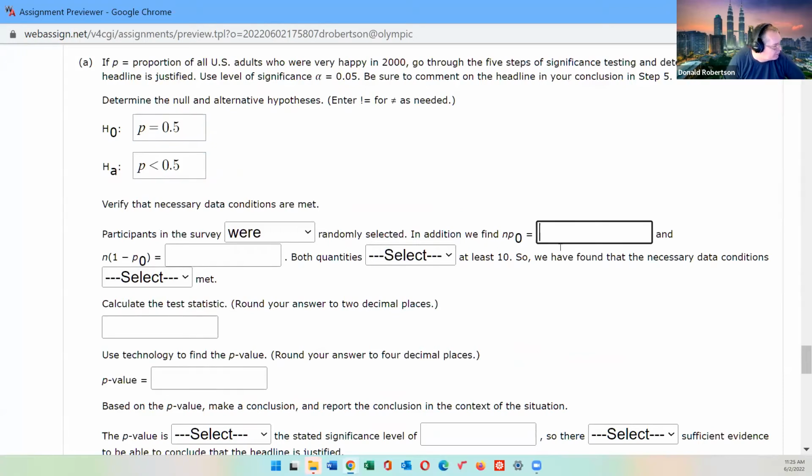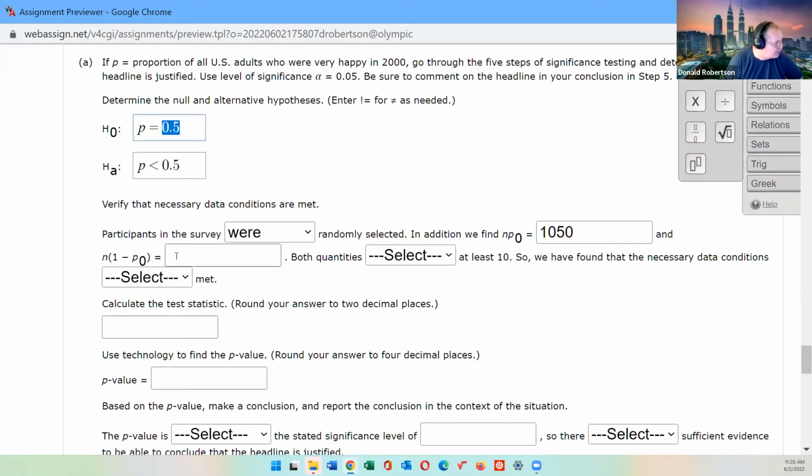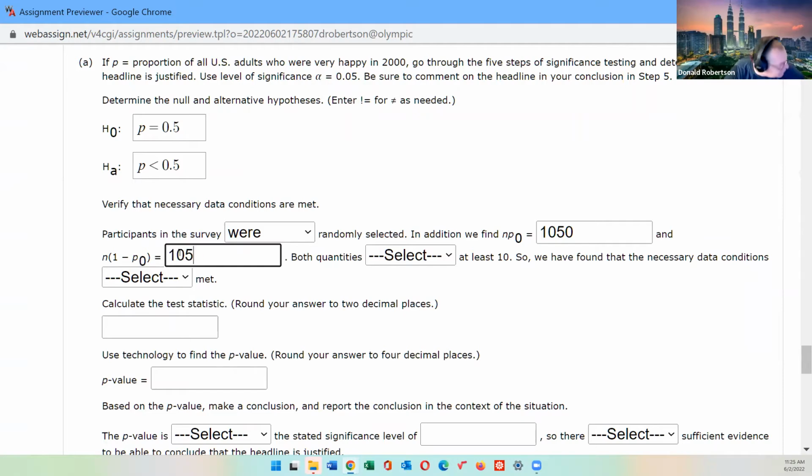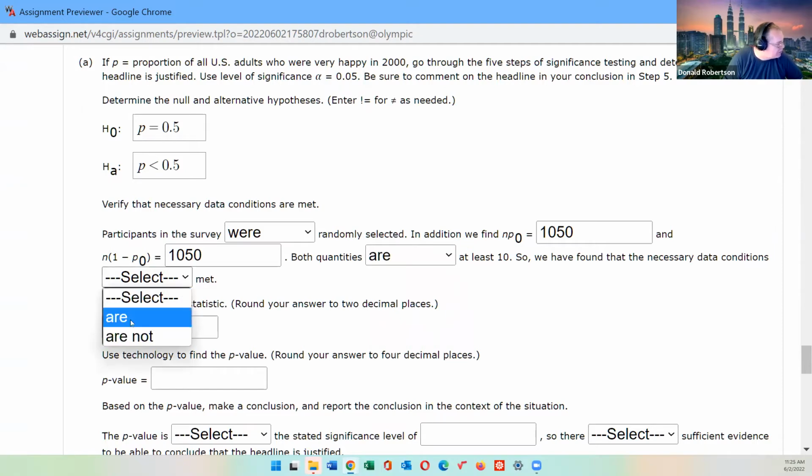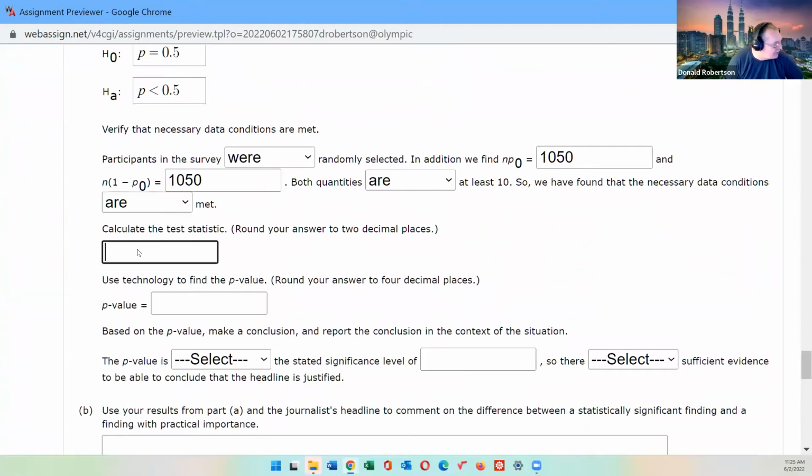And 1 minus p0, 1 take away that number, is also half, so you get another 1,050. Both quantities are at least 10, which they certainly are. So we have found that this condition is met.